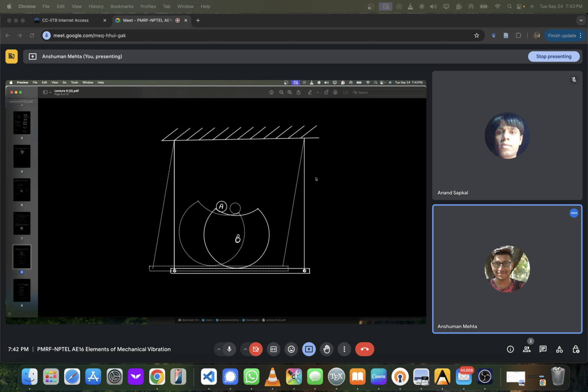Then there is this ball. Some cutting shading.